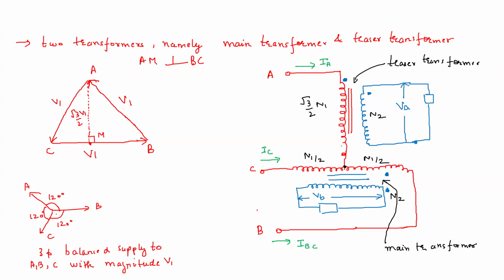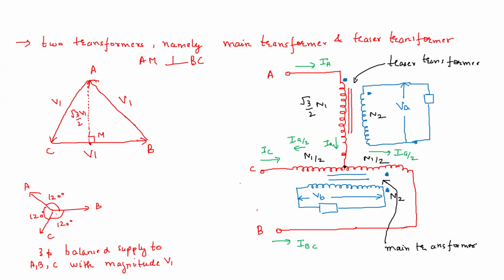You see this IA is coming downwards, and then it gets divided into two parts because these numbers of turns are the same. If it is seeing the same impedance, this current will divide into IA by 2 here and IA by 2 here. And let us take this as IBC. So this IBC is flowing like this. I have marked this current so that it is easy to understand.